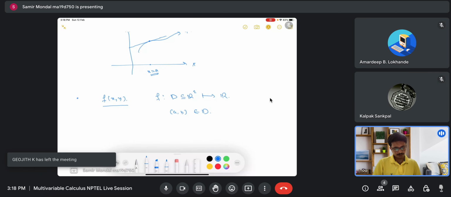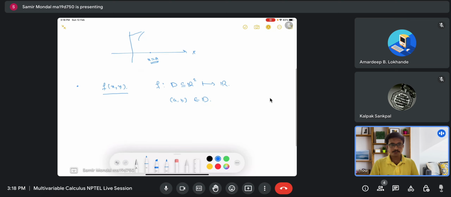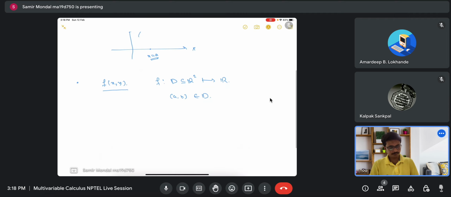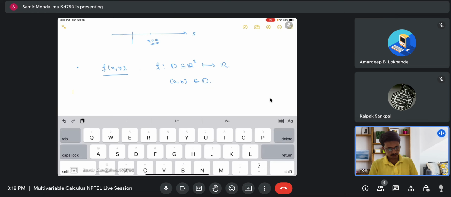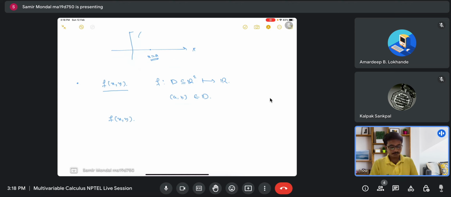Before going to the definition of partial derivative, I want to tell one observation. Suppose this is your function of two variables, f of x y. If you fix one variable, take y equal to b and fix it, plug it here, what we will get is f of x, b.